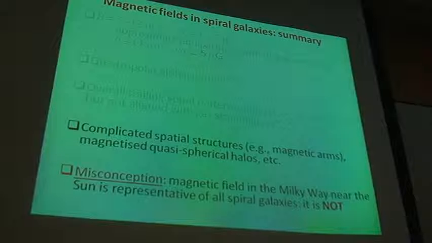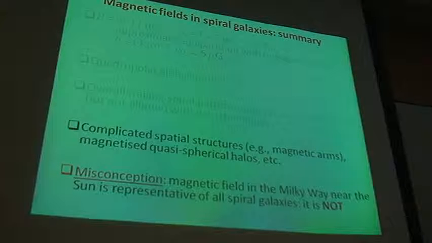But if I plot magnetic field B naught, and there is the sun, we know that we live near the reversal. The sun is somewhere here. Of course, magnetic field will be weaker here than elsewhere. So this is not the strength of magnetic field near the sun.